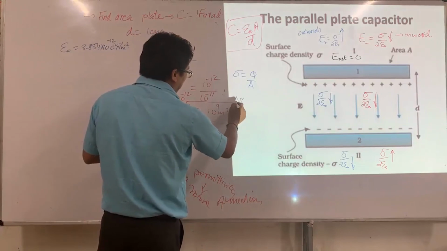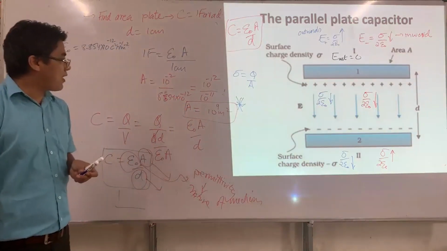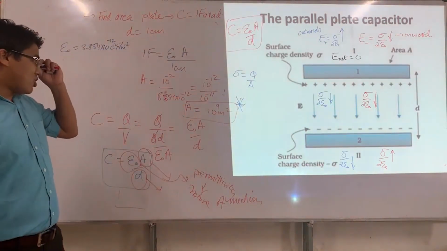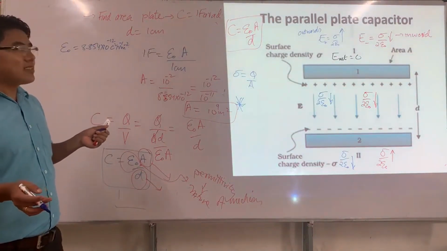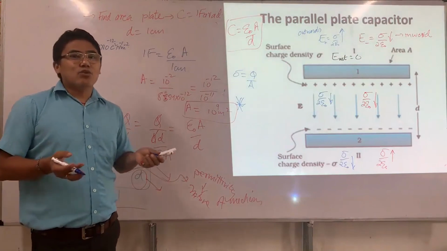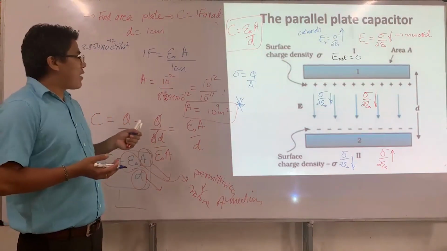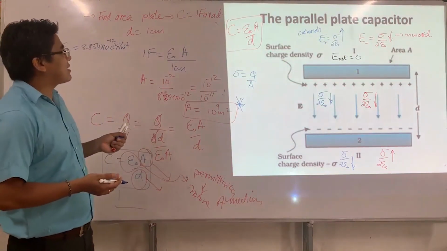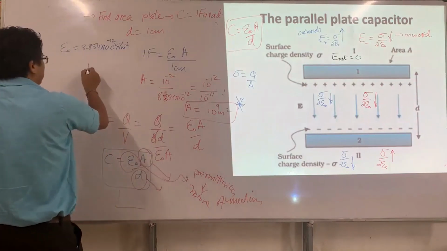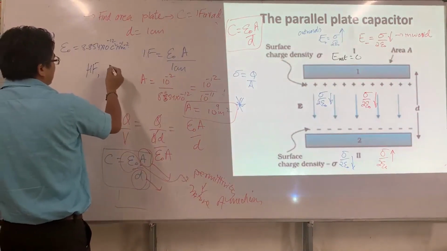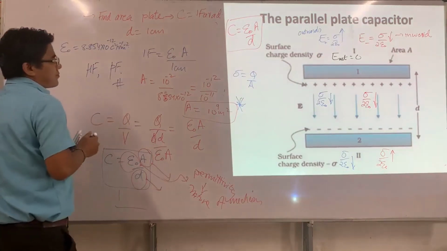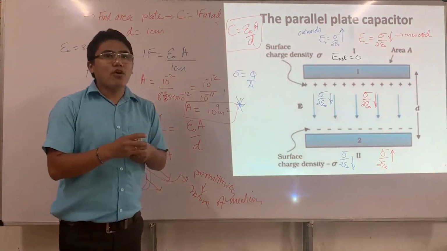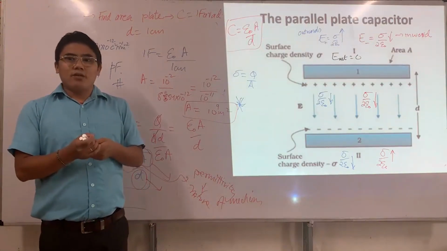This is extremely big. 10 raised to 9 meters square is a huge area. So it is not practical to get a capacitance of 1 farad. Therefore, normally we use capacitors of microfarads and picofarads. Alright, so this is all about capacitance. Thank you.